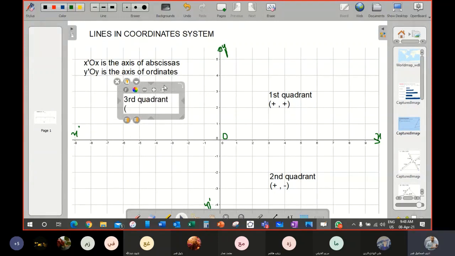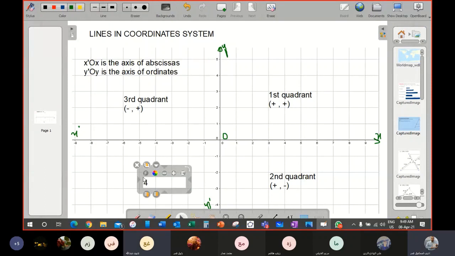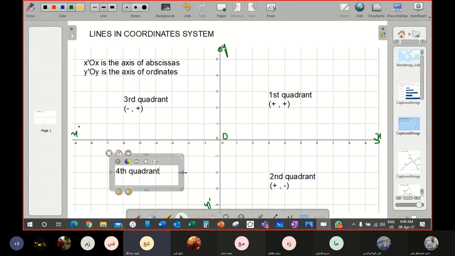What can you say about the abscissas here? Negative. And the ordinates are positive. Right. And here we have the fourth quadrant.